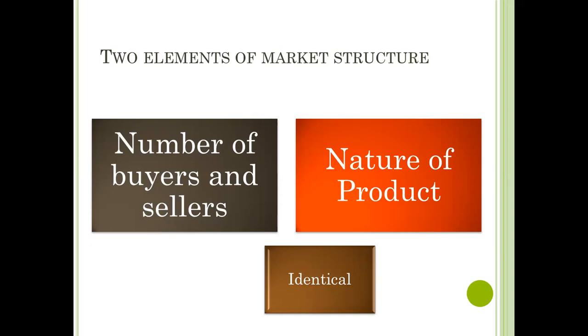Meanwhile, differentiated products are goods that are heterogeneous. No exact product exists in the market, and it differs in features and has almost no close substitutes. Producers enjoy a certain degree of control over price and quantity of product. So once again, identical products are homogeneous, and differentiated products are heterogeneous.